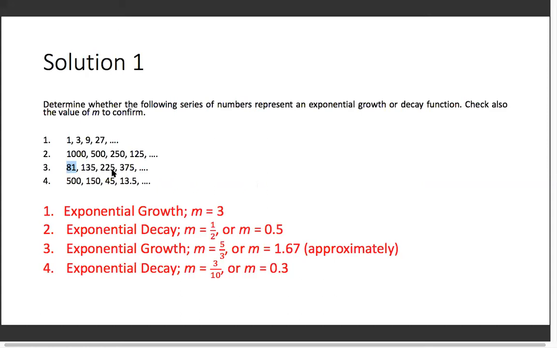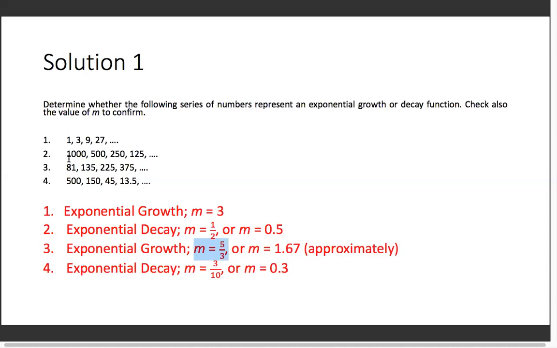So 225 and 135 have a GCF of 45. If you divide 225 by 45, you get 5. If you divide 135 by 45, you get 3. So 225 divided by 135 also comes down to 5/3. And that is it. Okay, so let's now check numbers 2 and 4.